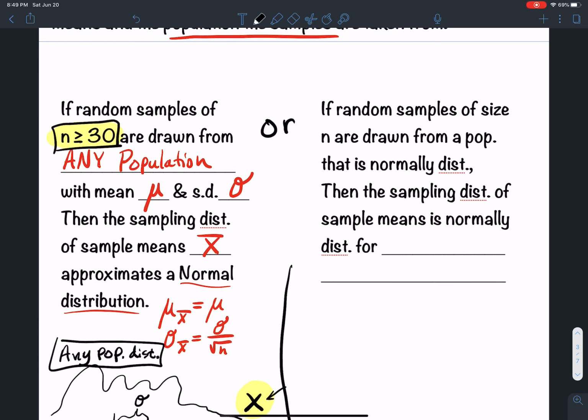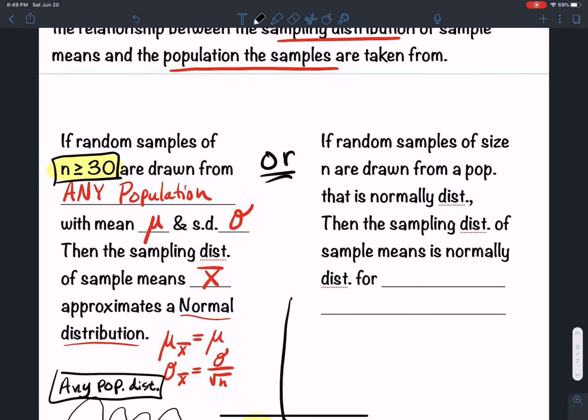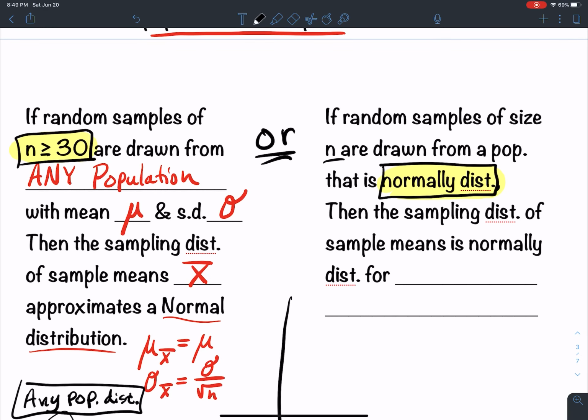The other option is, if a random sample of size n is drawn from a population that is normally distributed, then the sampling distribution of sample means is normally distributed for any sample size n.